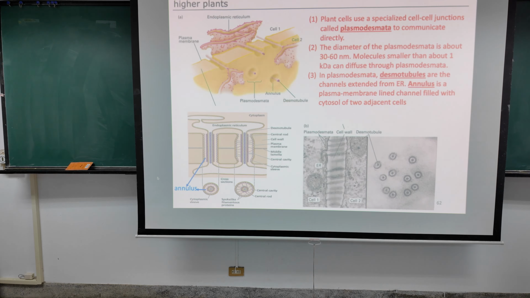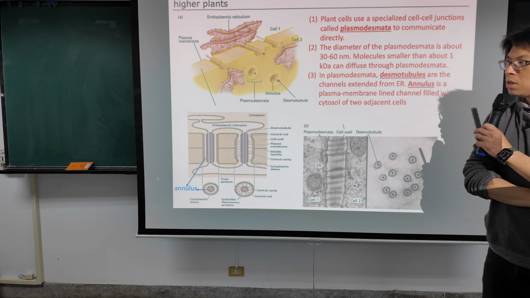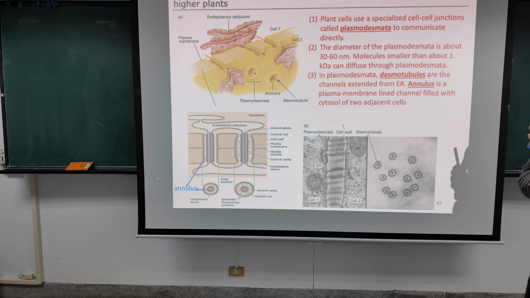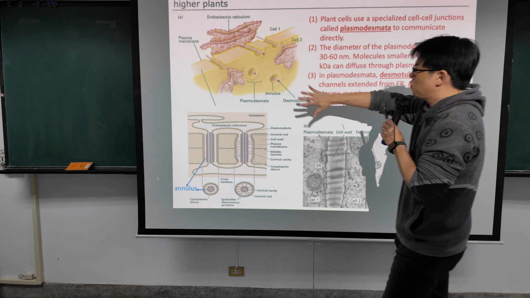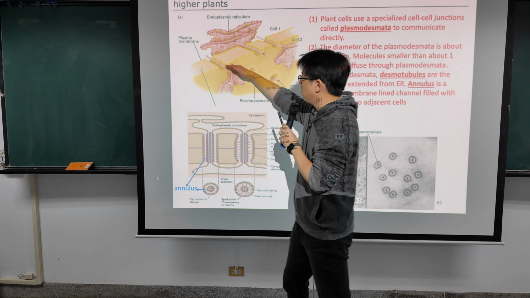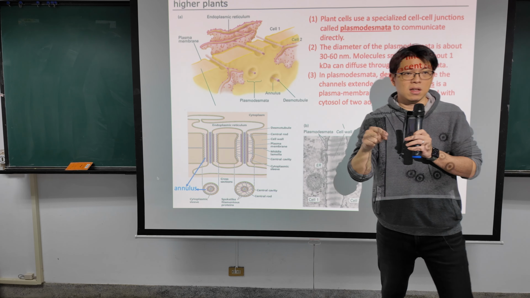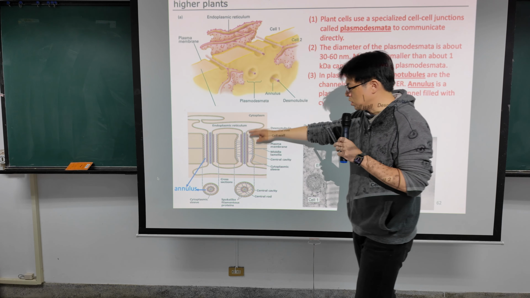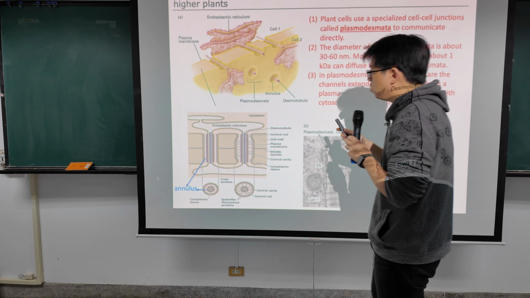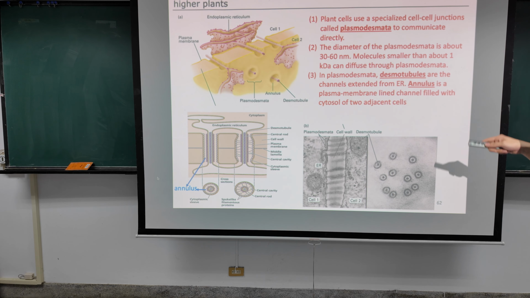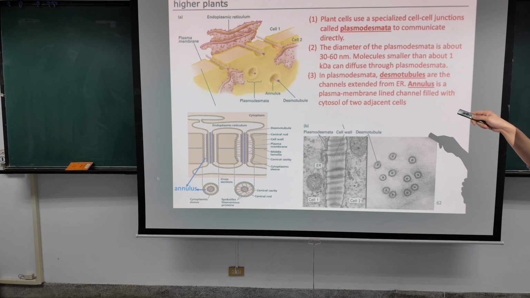Also, one cell junction that only happens in the plant cell is the plasmodesmata. This is a really amazing structure. This is one plant cell and the other plant cell, and they connect with each other. Their ER and the endoplasmic reticulum connect with each other, the lumen of the ER connects with each other, and the cytosol also connects with each other.